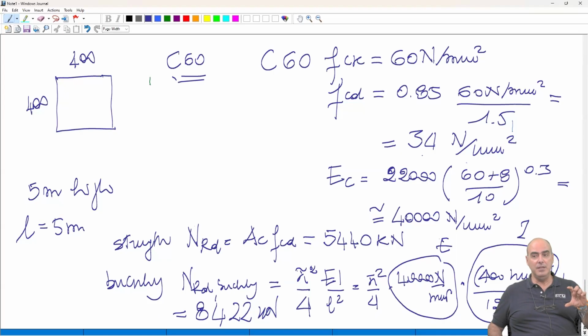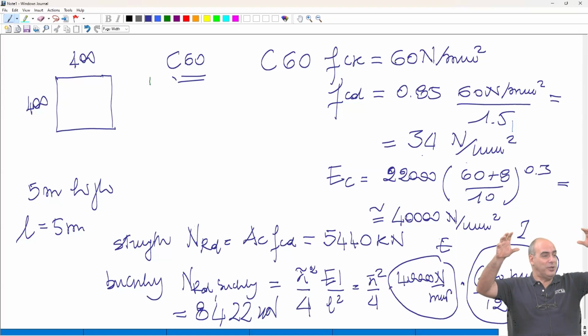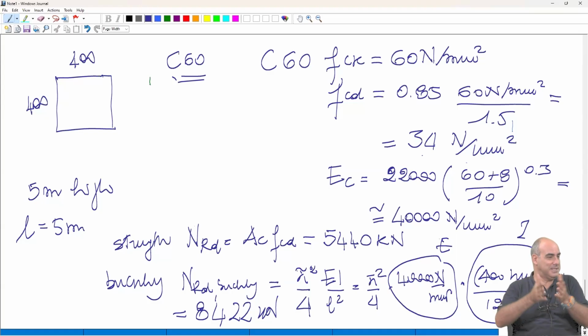But what if I use the same column over 6 meters? Because you see, if the load does not change on the top, if you always have the same load on the top, you can say, okay, I keep the same column, I just give it rise. So how much will it decrease the buckling load?